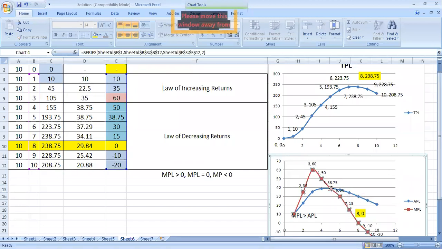At this point where average product of labor has reached maximum, here APL has reached maximum, it is equal to MPL, right? You could see the value.